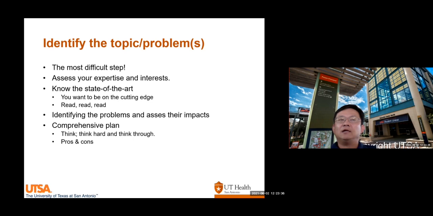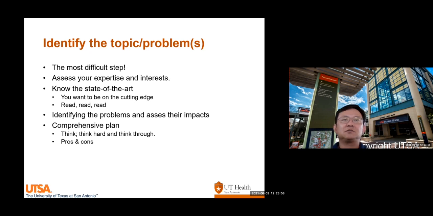So overall, it's a pretty complicated process, but it's a crucial process that really defines the impact of your research, and whether this set of problems can be solved, right?